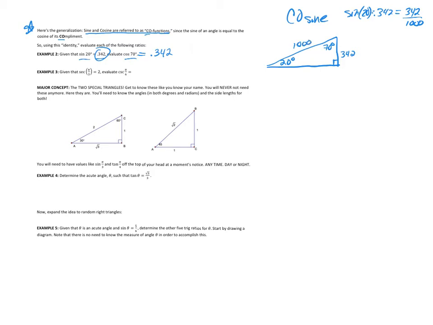So you can get this picture that the opposite compared to the hypotenuse is 342 over 1,000. But most certainly from that same picture, you can see that the cosine of 70? Its adjacent side is the 342, and its hypotenuse is the 1,000. So the cosine of 70 would be exactly the same.